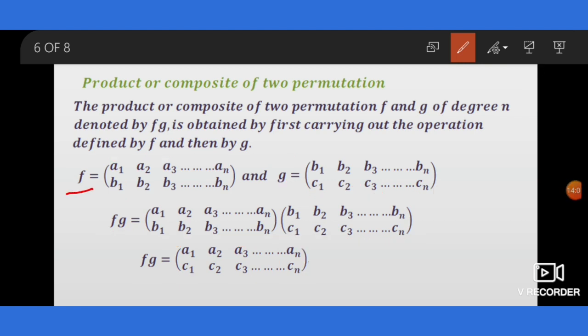Permutation f has degree n and permutation g has degree n, then obviously fg is also a permutation of degree n. Now the product of two permutations of degree n is also a permutation of degree n.